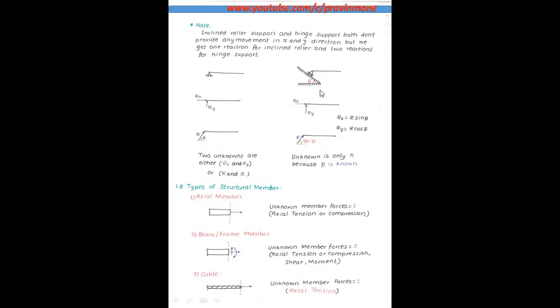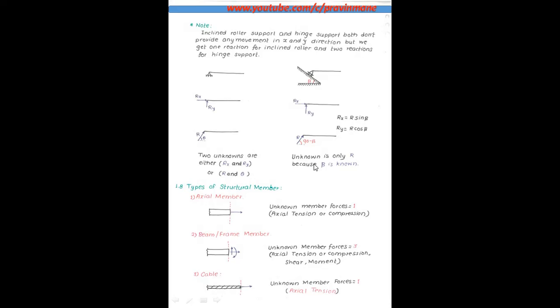This will be Rx, Ry, and this will be R. So the 2 unknowns are either Rx and Ry, or R and theta. There are 2 different systems. Here the unknown is only R because beta is known.